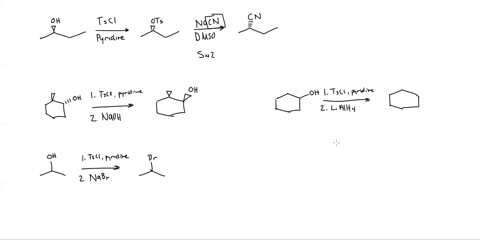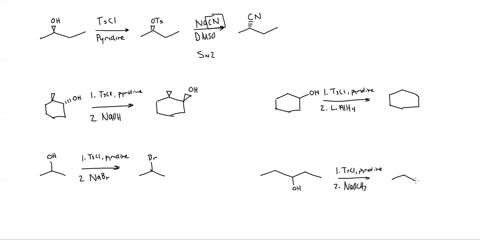You can also make ethers with this, right? So let's say we want to use this alcohol. Again, put in TsCl with pyridine. Then as a second step, I can put in some alkoxide, so OCH3.